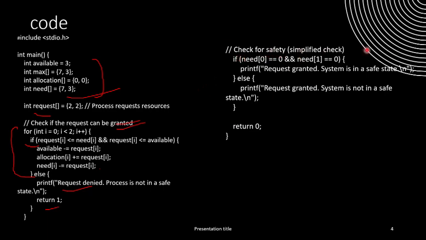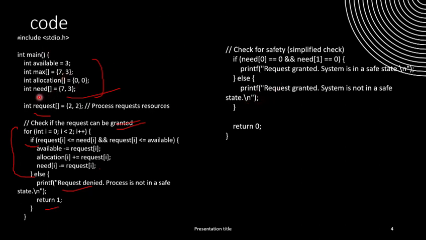Now it is checking for safety, a simplified check. If need index zero is equal to zero and need index one is equal to zero, basically, need is an array data type and both of its indexes are zero, then request granted, system in a safe state. Else the request is granted, but the system is not in a safe state.